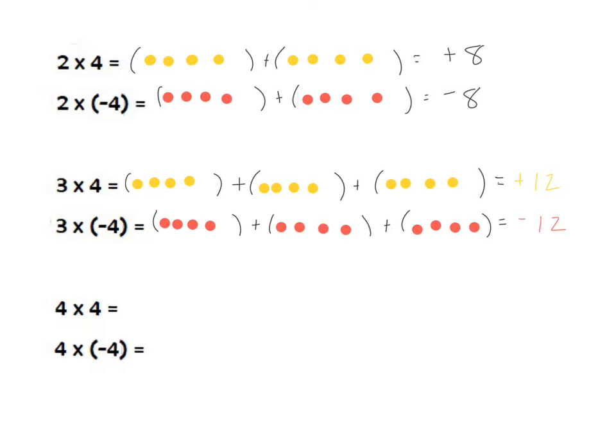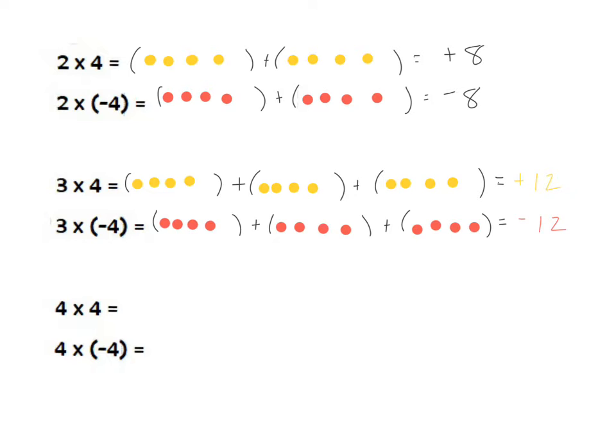So we can see from up above, if we do 2 times positive 4, we end up with positive 8. If we do 2 times negative 4, we end up with negative 8. When we look at the next group here, we see that when we have 3 times positive 4, we end up with a positive 12. If we do 3 times negative 4, we end up with a negative 12. So it seems to be that if we're multiplying by a positive, we end up with a positive.